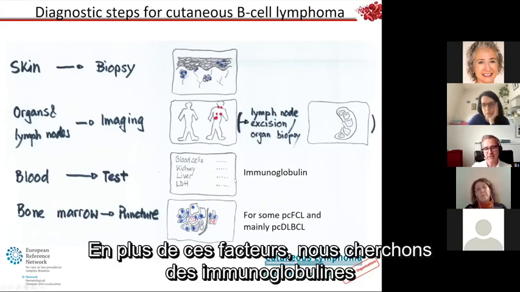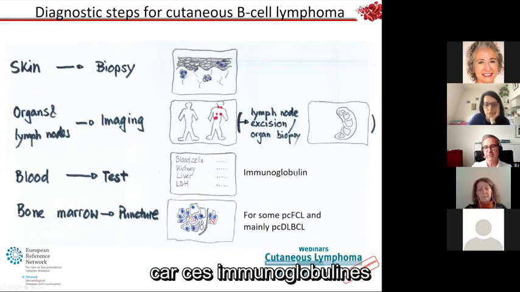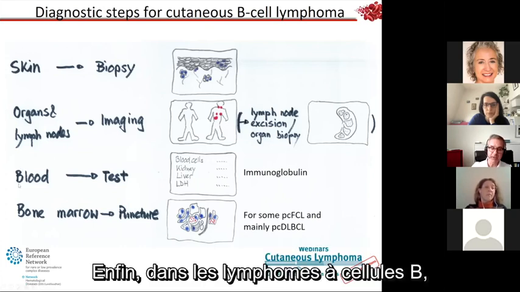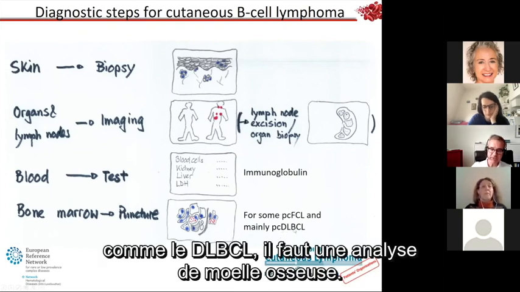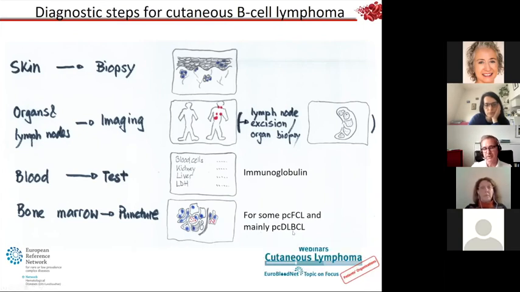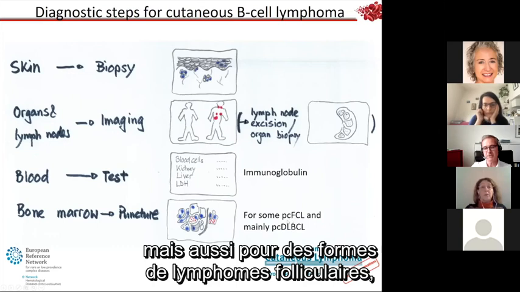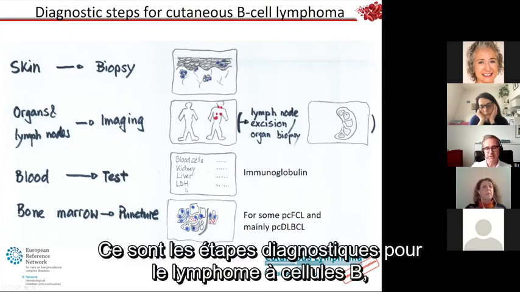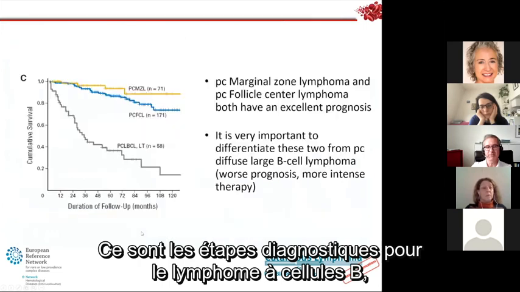Besides these, we check for immunoglobulins, because these are the products of some of these lymphomas, mainly the marginal zone lymphoma. And finally, especially for DLBCL, we need bone marrow analysis. We need to find out whether the tumor has invaded the bone marrow. So mainly for DLBCL, but also some forms of follicle center lymphoma, we have to find out whether the bone marrow is involved. These are the diagnostic steps in these B-cell lymphomas.